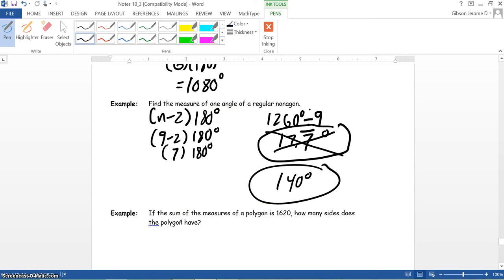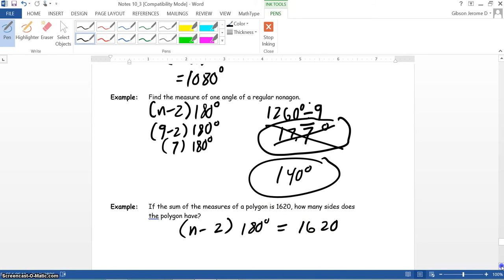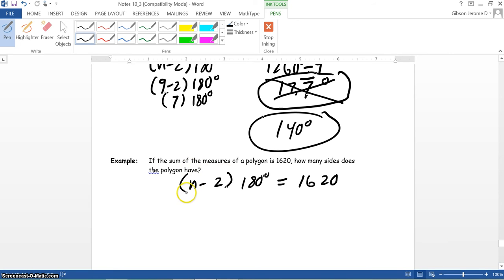Now we go to the next example. It says if the sum of the measures of a polygon is 1,620, how many sides does the polygon have? So what we could do is this. We could take (n minus 2) times 180 degrees is equal to 1,620. Now, the first thing we would do is to divide each side by 180.